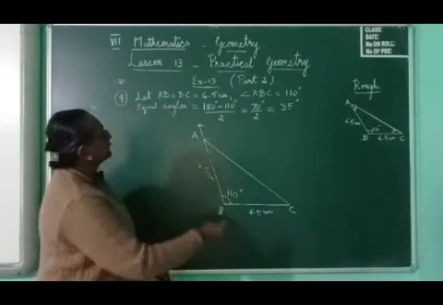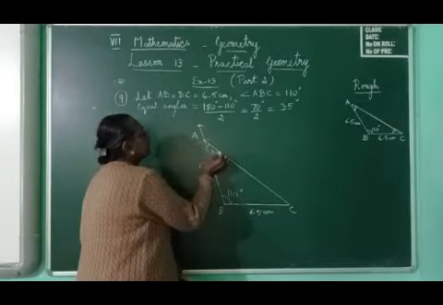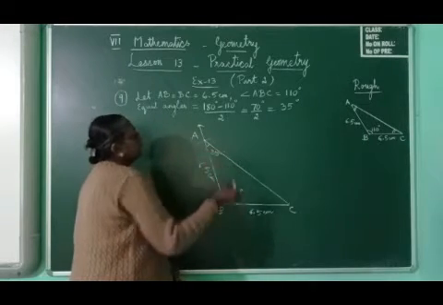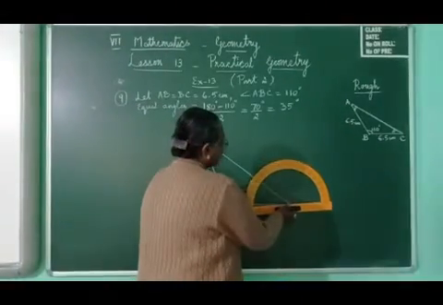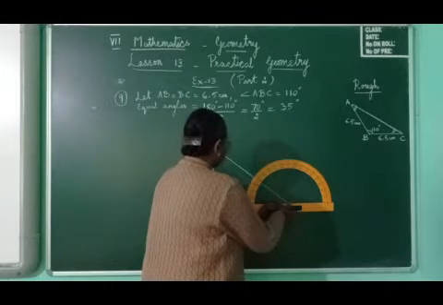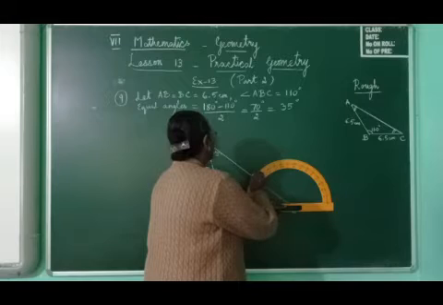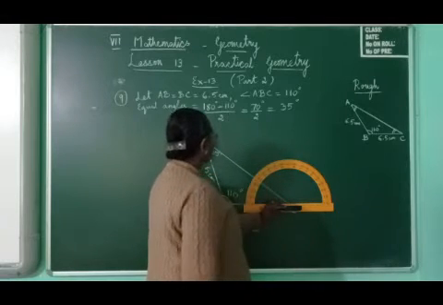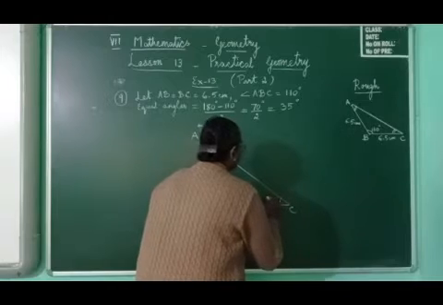Here for me it is coming as 35 degrees. If you have drawn correctly, you will also get angle A to be 35 degrees. In the same way we can measure angle C also. Keep the protractor at C and measure the angle at C. That also will be 35 degrees.